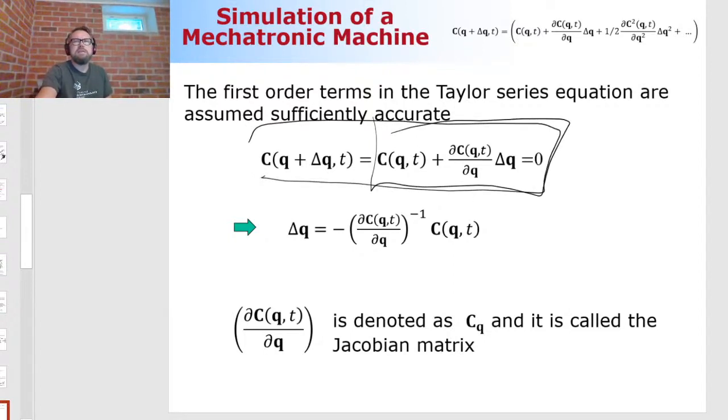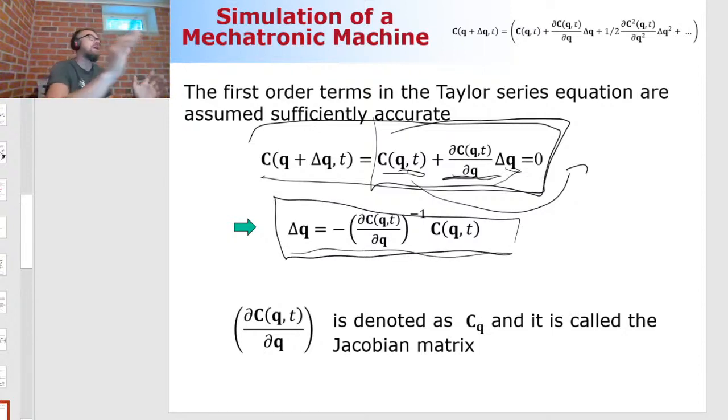You take the constraint equation, put it on the right-hand side, and invert this monster here, which has a very nice name: the Jacobian matrix. You invert that, and that's your solution. I mean, not the solution, but the direction in which to travel to find the solution.